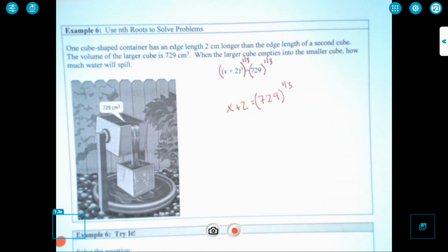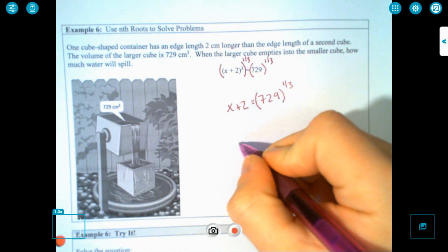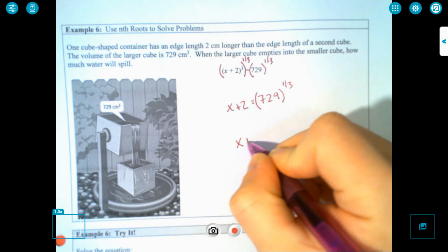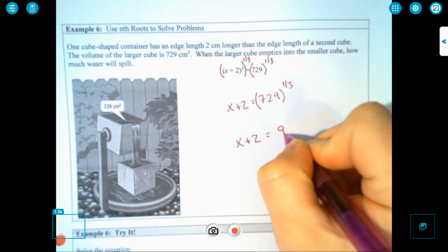On your calculator, there are a couple ways you can go about doing that. You can either raise 729 to the 1/3 power, or you can take the cube root of 729. Honestly, in class we won't have a number that big, but it does work out to 9. So you have x plus 2 equals 9.